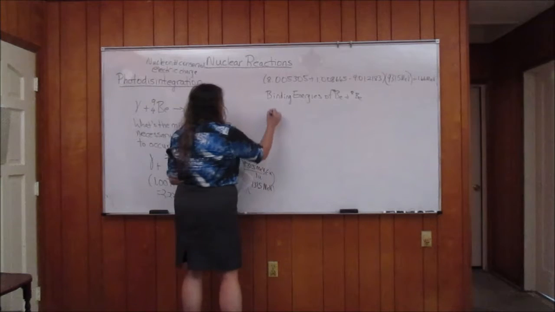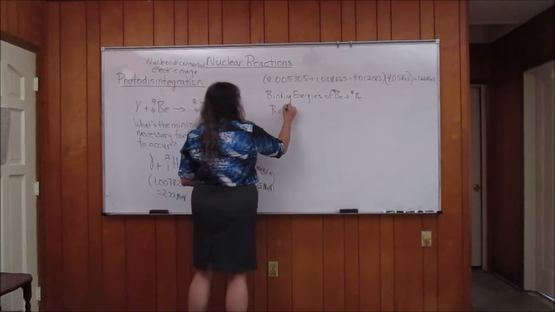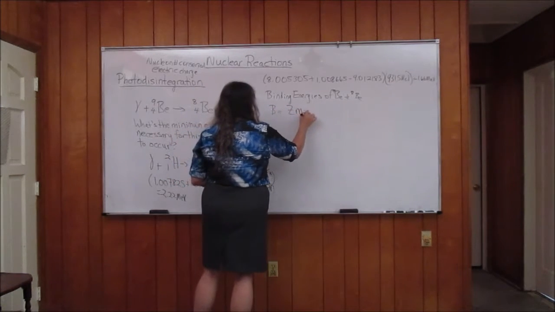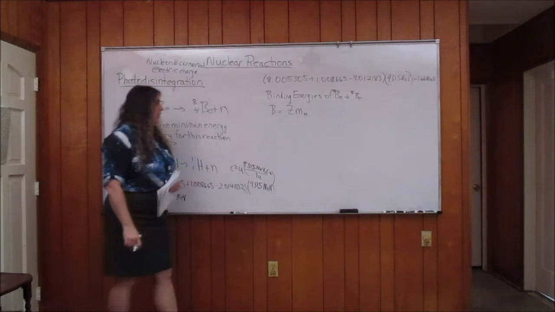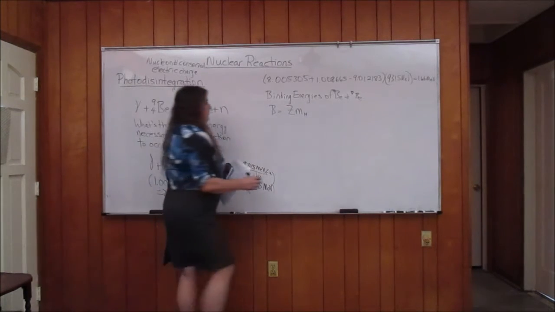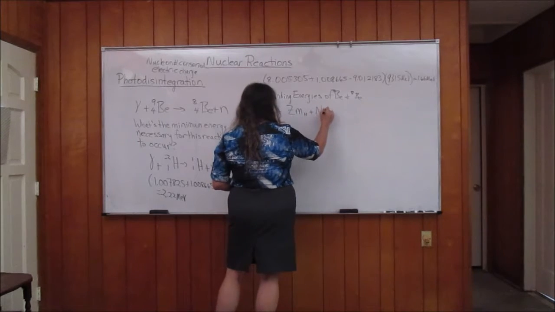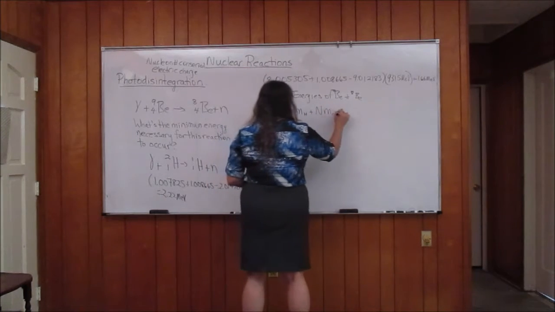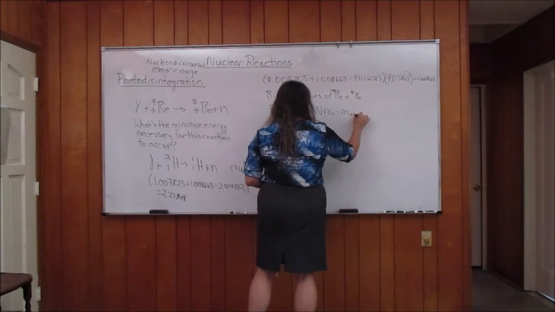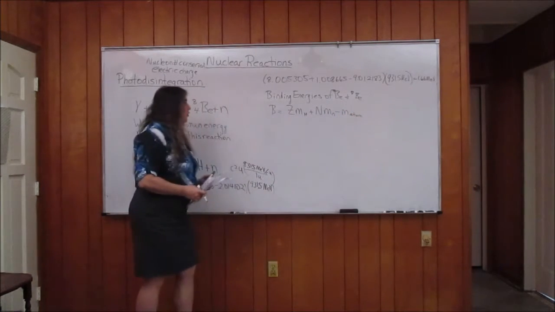And remember, the way you calculate the binding energy is the atomic number of protons times the mass of hydrogen, plus the number of neutrons times the mass of neutrons, minus the mass of the atom in question.